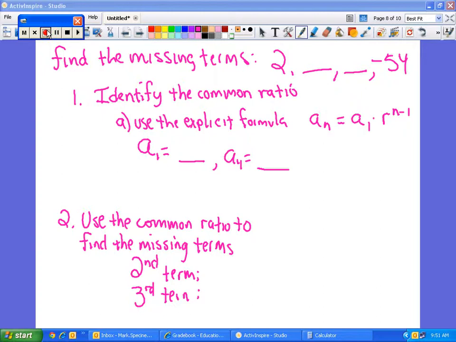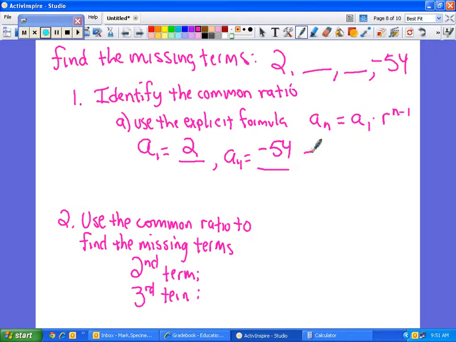So the value of our first term is 2, and the value of our fourth term is negative 54. So that's what we're going to plug in here. We want our fourth term. Now instead of figuring out what this is, they're telling us what this is.